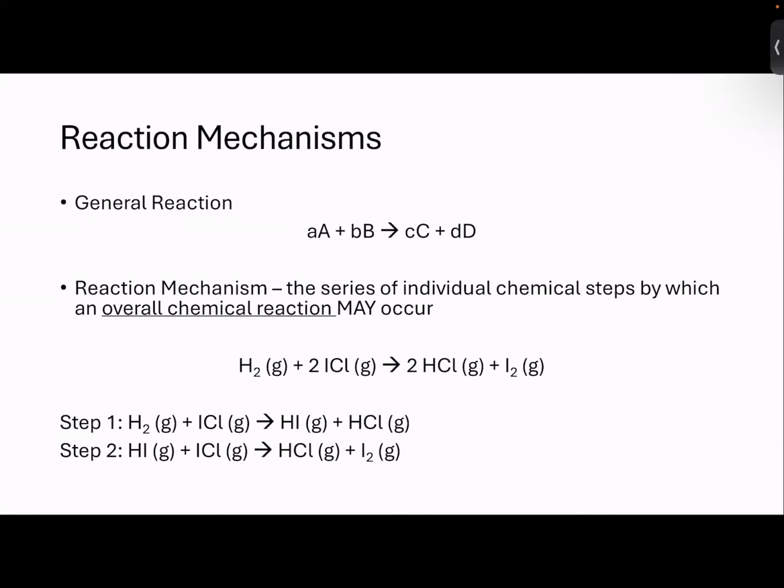That educated guess is based off of observations through various pieces of instrumentation, but it's still an educated guess as to what's going on. So the reaction mechanism is a series of individual chemical steps by which the overall chemical reaction may occur.